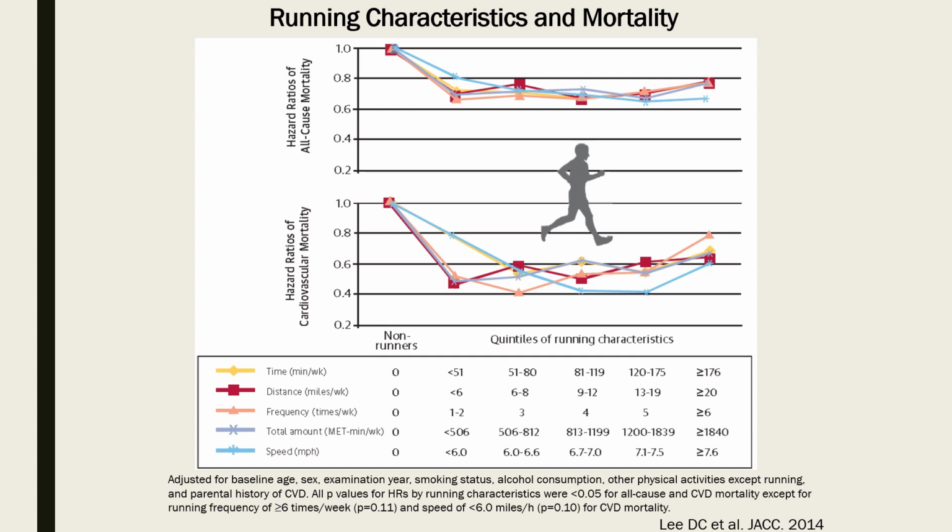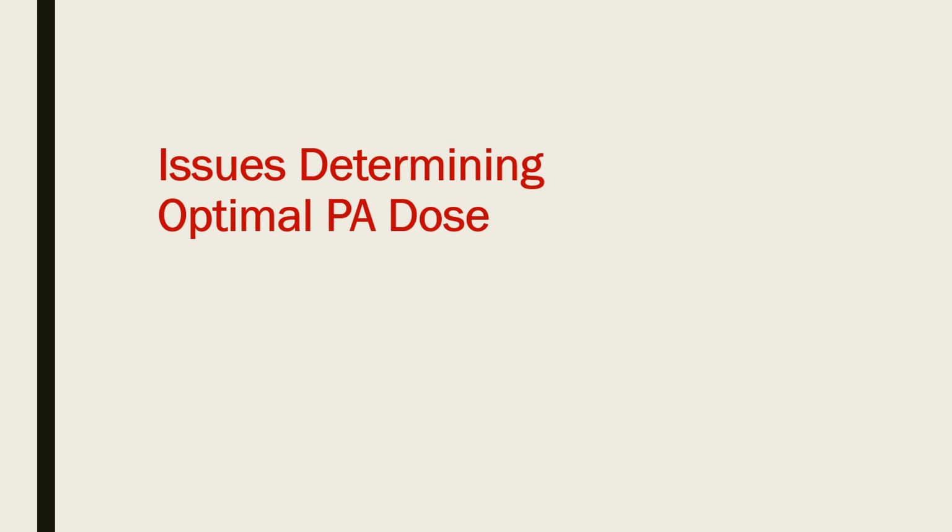Interestingly, even modest amounts of running, less than 51 minutes per week, less than 6 miles, 1 to 2 times per week, or running at less than 6 mph, were associated with a reduction in mortality risk compared to not running at all. However, at the higher end of running, regardless of which characteristic was measured, the hazard ratio increased slightly, suggesting diminishing returns.